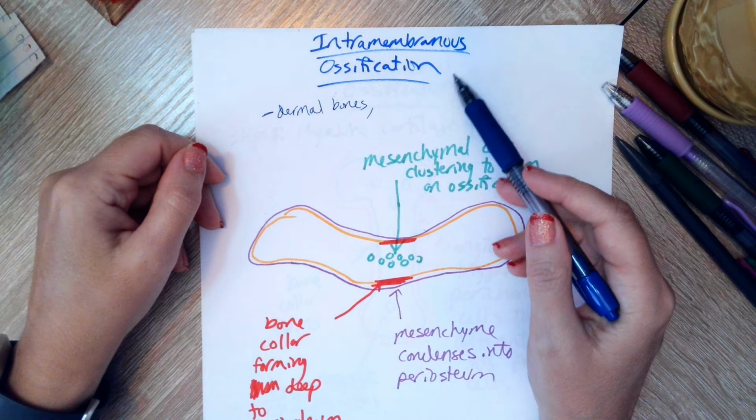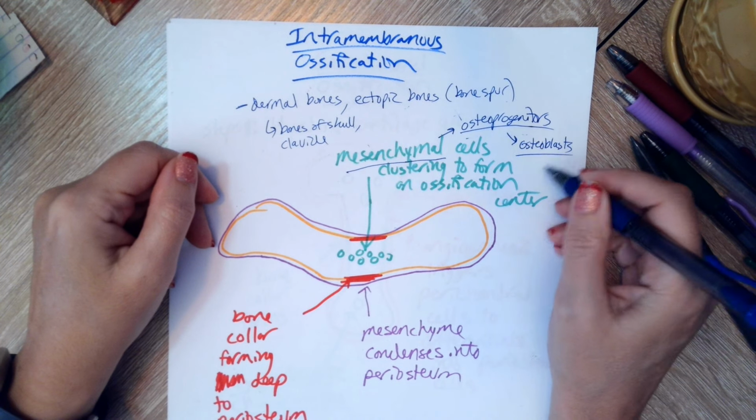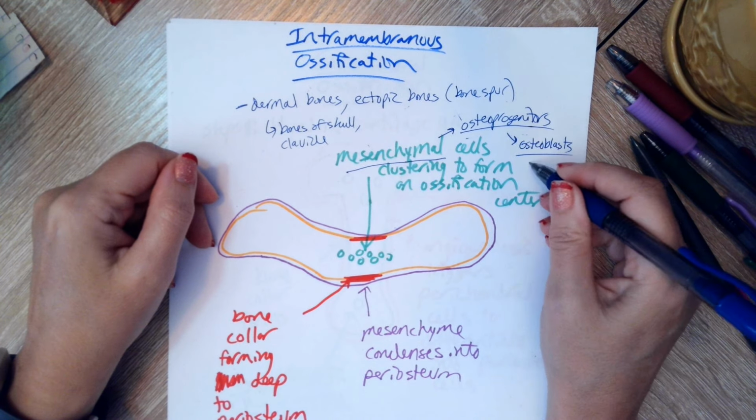Remember from last lecture, I mentioned that I would be using those words kind of interchangeably, osteoprogenitors versus mesenchymal cells or mesenchyme. Once we have osteoprogenitors, they turn into osteoblasts, and the osteoblasts build bone. By the time they're done building the bone matrix and calcifying it so that it's nice and dense, they differentiate into mature bone cells, which are called osteocytes.